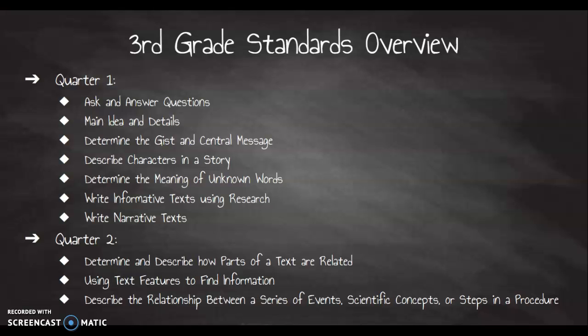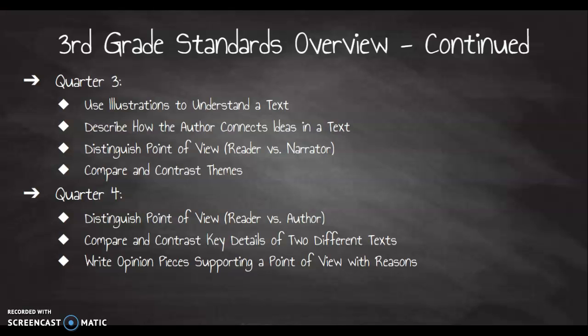writing narrative texts. In the second 9 weeks, we will be focusing on standards that include determine and describe how parts of a text are related, using text features to find information, and describe the relationship between a series of events, scientific concepts, or steps in a procedure.